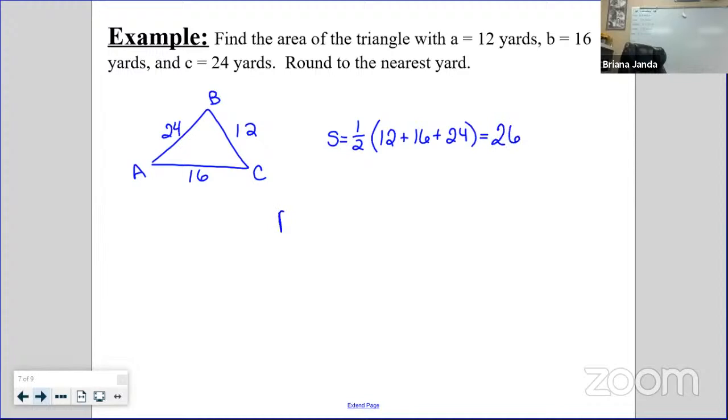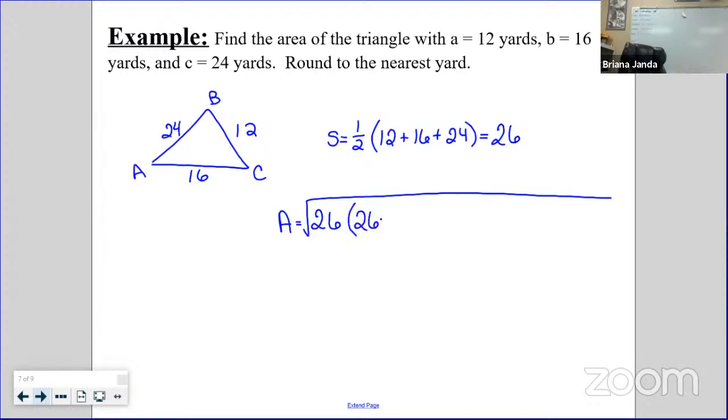And now we can move to Heron's area formula. It does start with the square root. It starts with just a single S by itself, one semi-perimeter by itself, and then take that semi-perimeter and subtract each of your sides. Order does not matter as long as they're all in there.